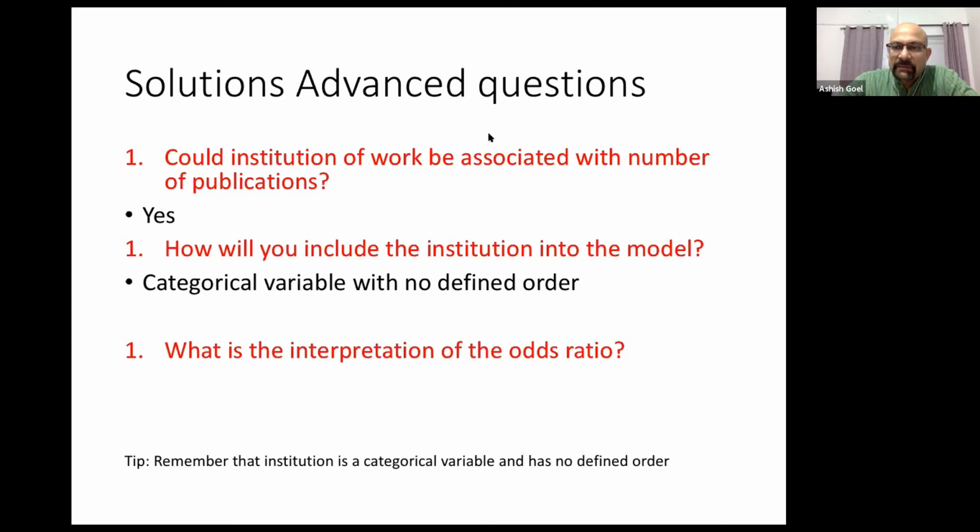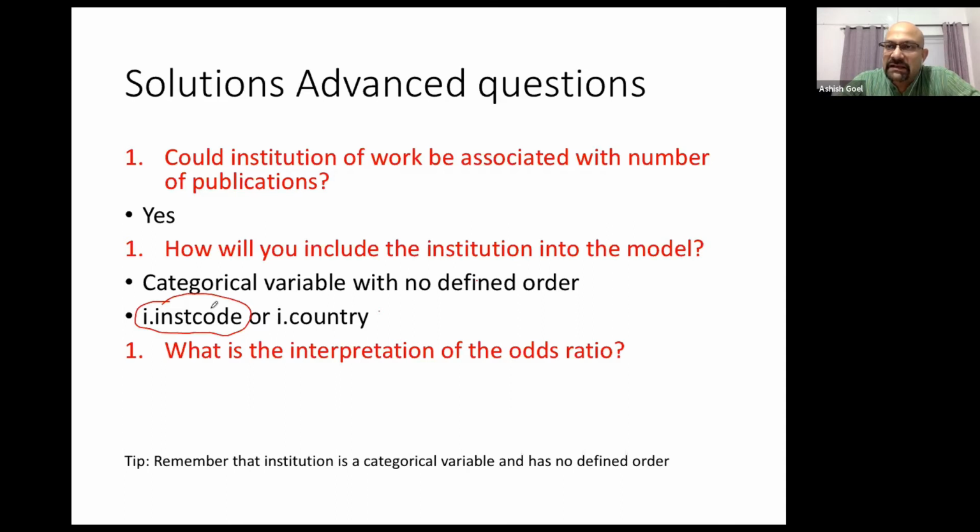But the teaching point in this exercise was that when you have more than 2 categories in one variable, and there is no defined order in these categories, Stata has an inherent command, which is the i. command. So if you code the institutions, just like Yada had said, you give one specific numerical code to each of the institutions.